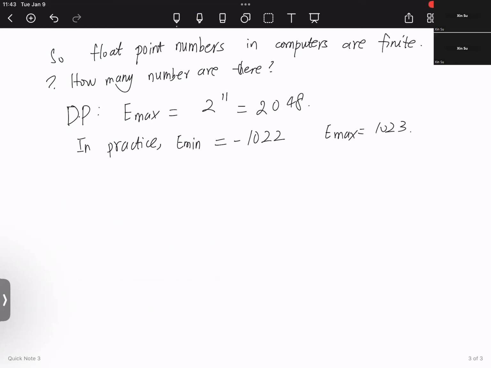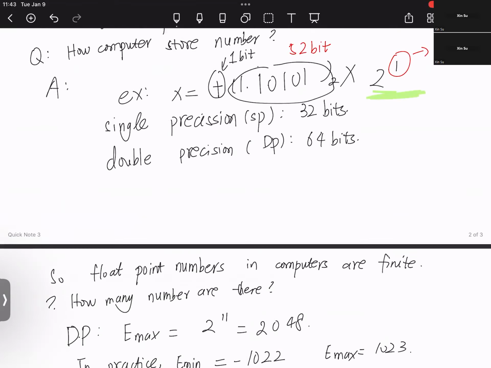So for the exponent, the minimum number we can have in double precision is x. We take the absolute value because you can represent a positive or negative number, since we have 1 bit to represent the sign.